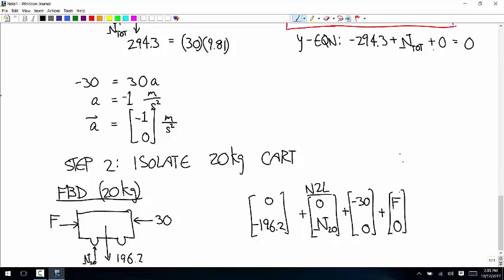That's all the forces. And the sum of all those forces has to be equal to the mass of the object we're isolating. What's the mass of the object we're isolating this time? 20. Times the acceleration vector that we figured out in step 1, so negative 1, 0.